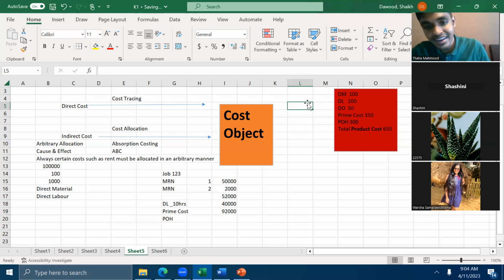We know how much materials we incurred on this, we can trace that. We know how many labor hours we spent on it. We can find the time cost.